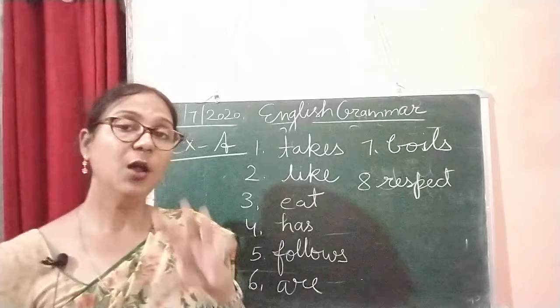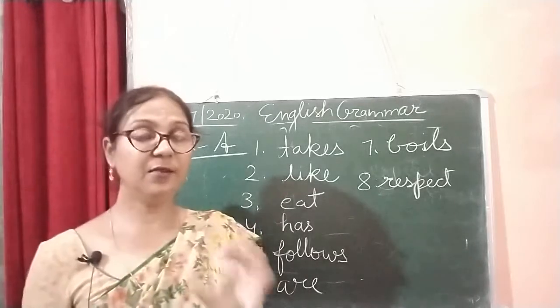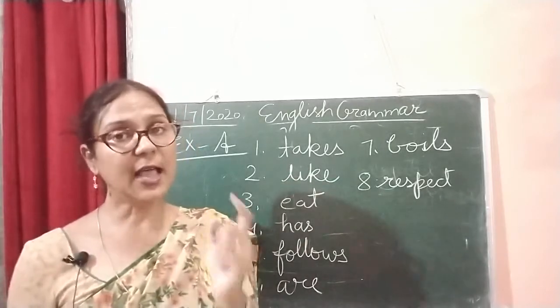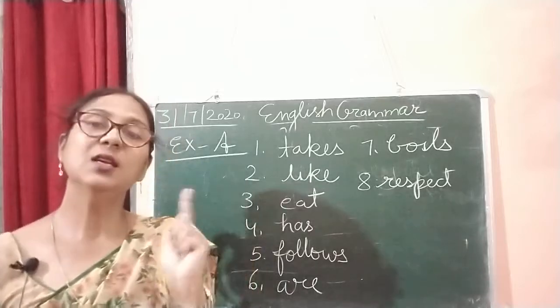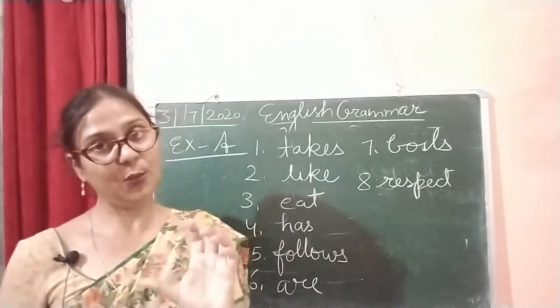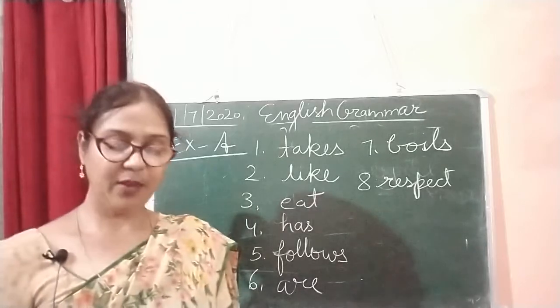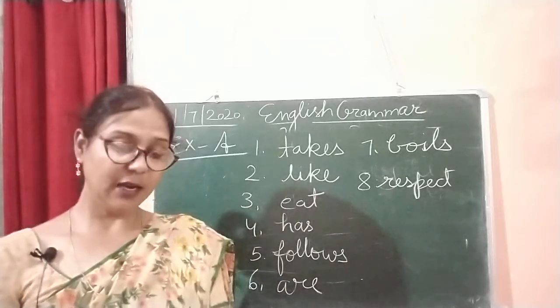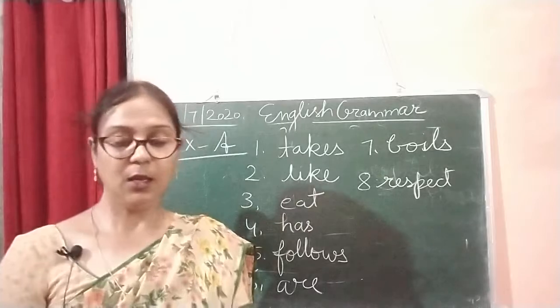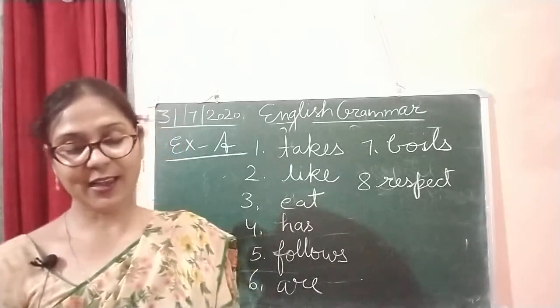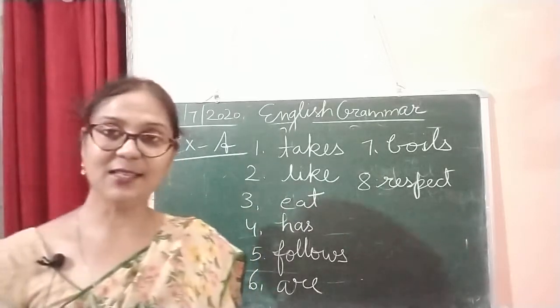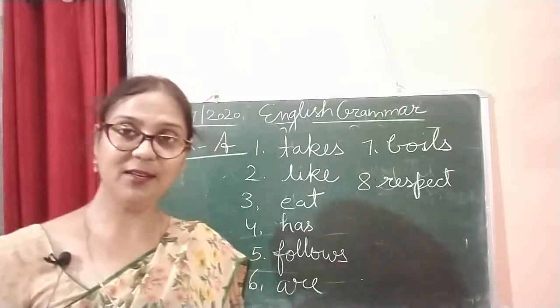Whenever we use do and does and ask a question, that time we are supposed to use the simple present tense form of the verb. So that we have discussed. Now we are moving to the next exercises written in your book that we have to complete.